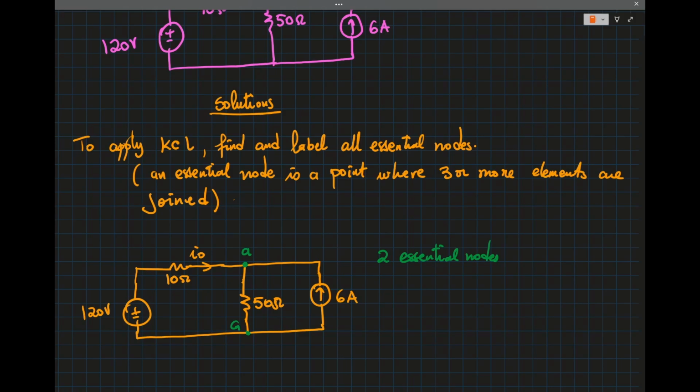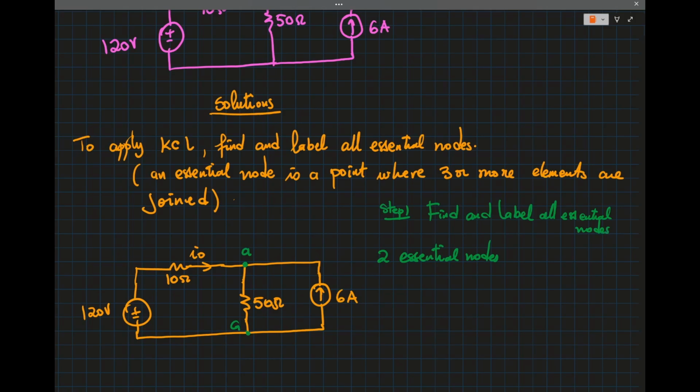So when we want to apply KCL, step 1, find and label our essential nodes.